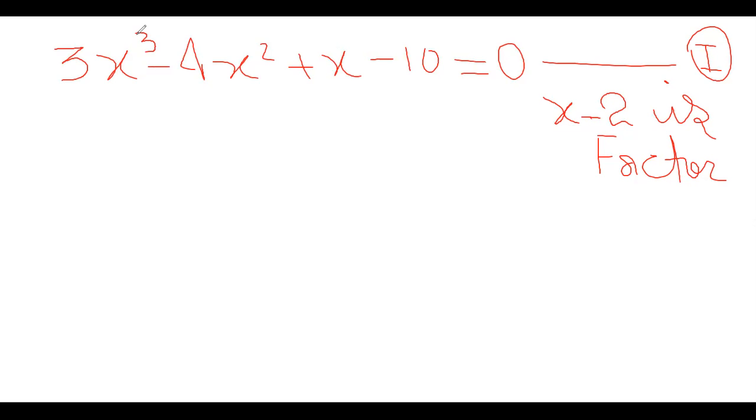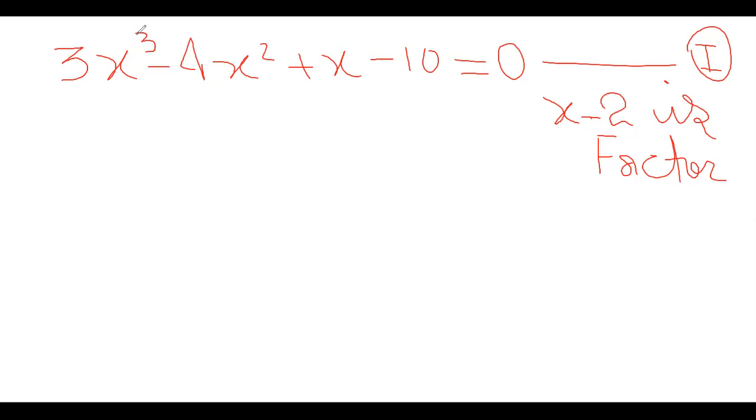Hold on. Let's see what is your quotient. If you are dividing this expression with x minus 2, what should be the quotient? Is that going to be 3x squared plus 2x plus 5?